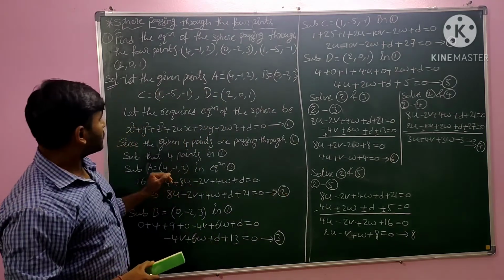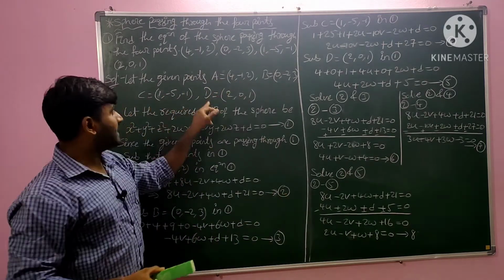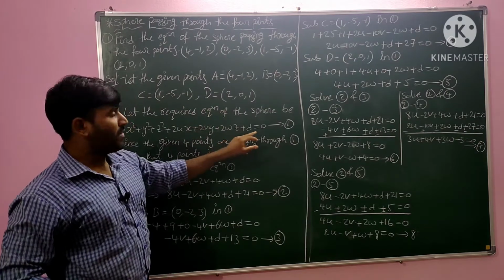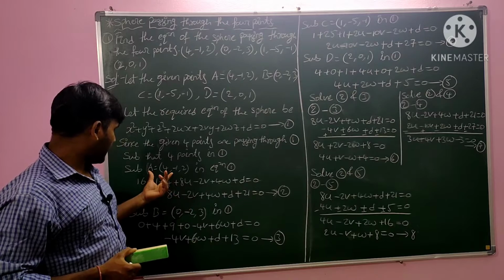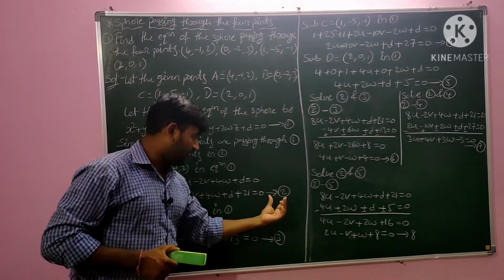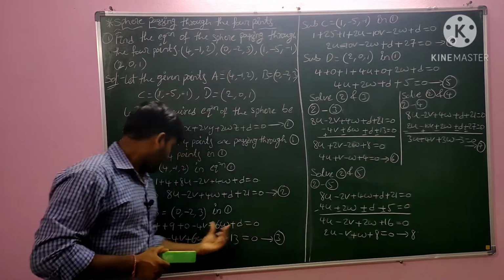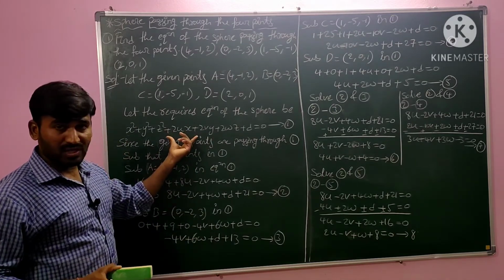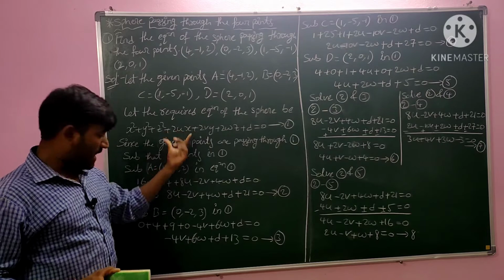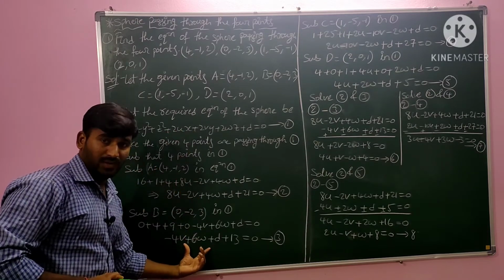Similarly, substitute B, C, D in equation number 1. You will get another 3 equations. By substituting A, we get the equation we are taking as equation number 2. By substituting B point in the required sphere equation, we get this equation.